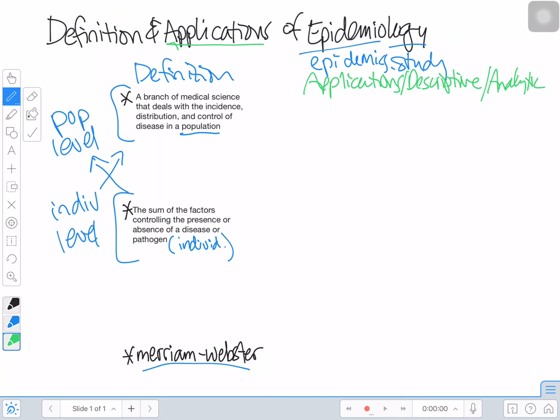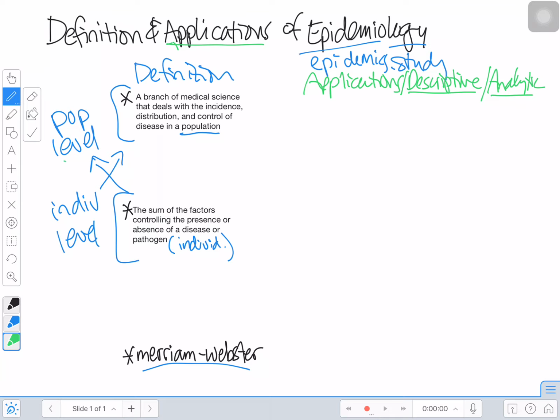And if you remember our previous conversation about the difference between descriptive and analytic epidemiology, descriptive is really designed to describe, whereas analytic is starting to look at relationships and causation. And so we can do a lot of these things that I'm going to be writing here, both as descriptive epidemiology and as analytic epidemiology.